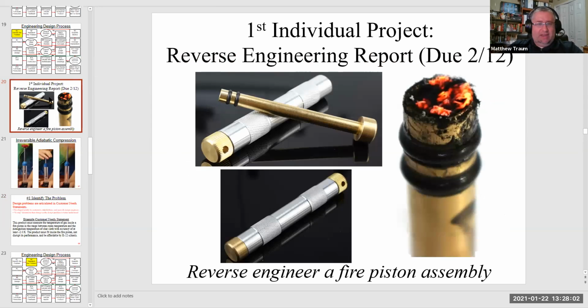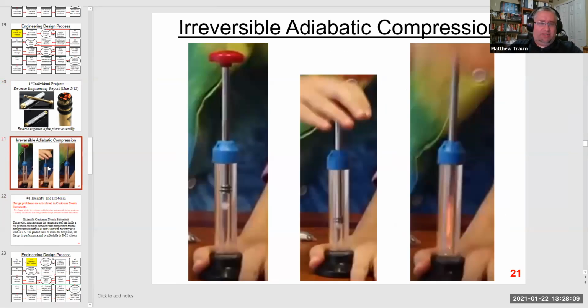in a way is related to the reverse engineering report, but it's very slightly different in that I'm interested in, or was interested in, the see-through fire tube that I showed you guys a couple of pictures of here. And I probably mentioned this, but before I took the job at UF, I ran a design company that made laboratory equipment for both K through 12 schools and for colleges.